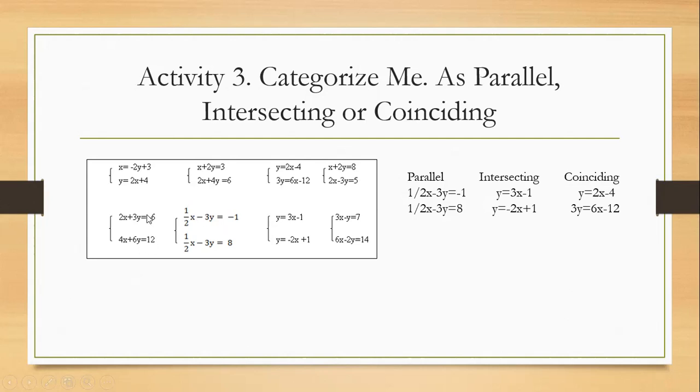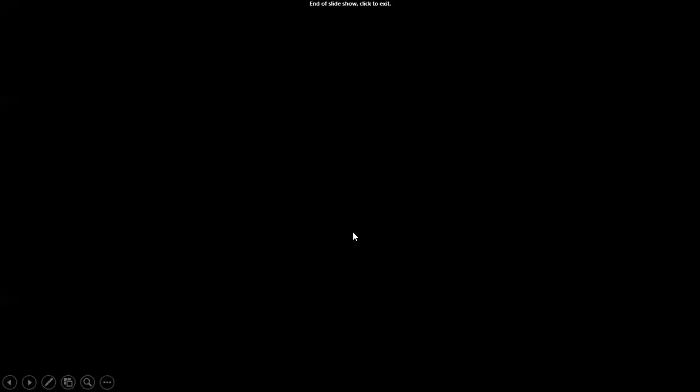But if you would notice, this is -6 and this is +12. So, it's not coinciding. It is parallel. This one, 3x minus y equals 7, 6x minus 2y equals 14. This is coinciding.